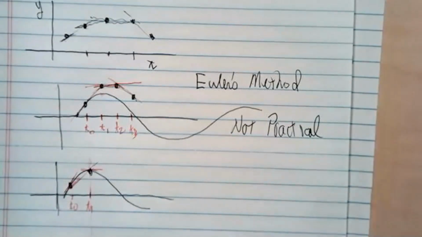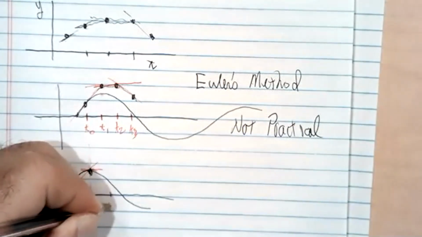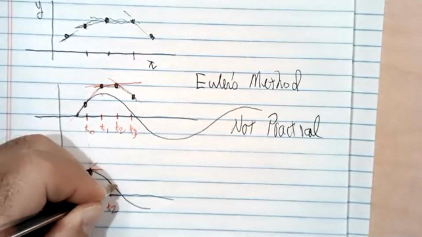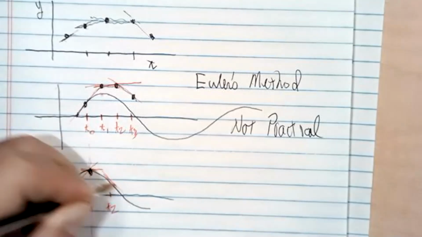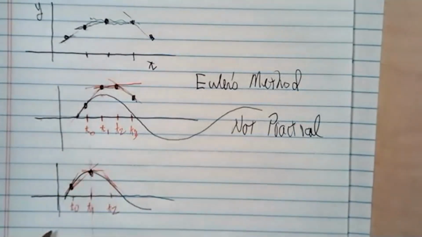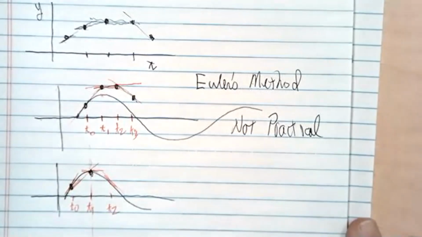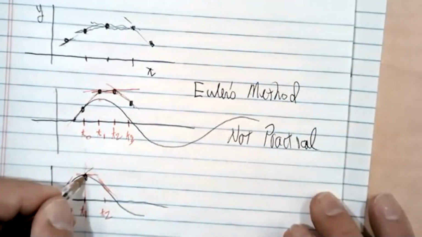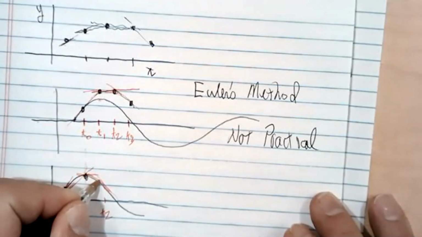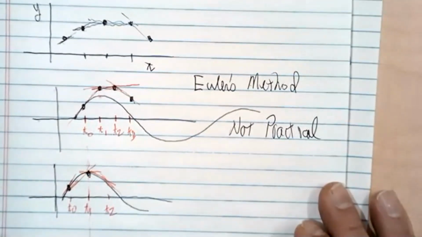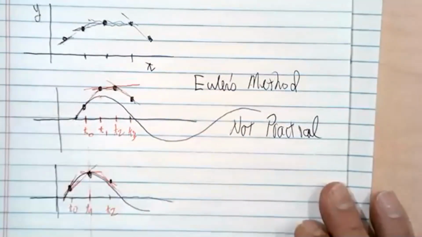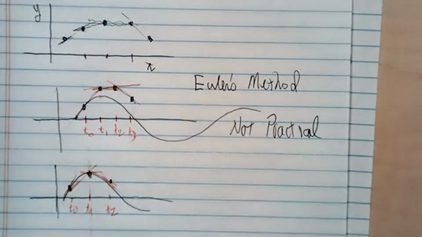And then again, to take the next step, I'd compute the slope over here and average it with this slope. So let's try not to make it look perfect in this case. Land something like here, a little bit above the line, and you could keep going like that.